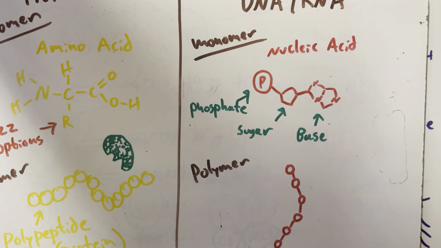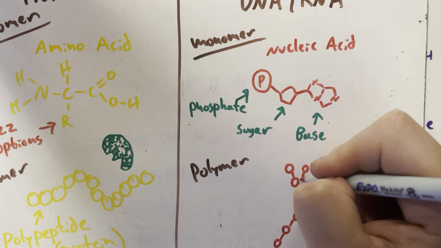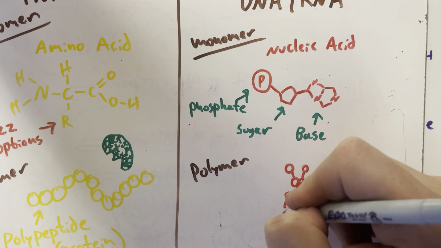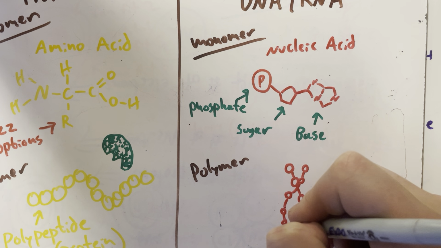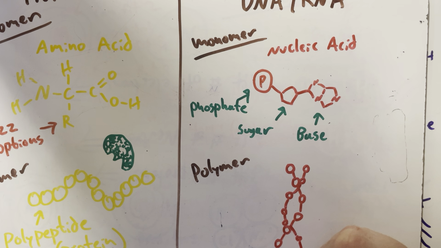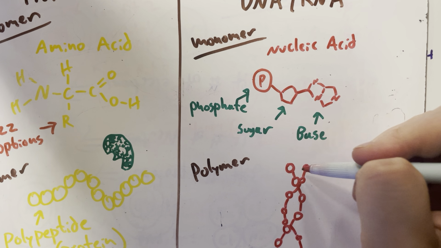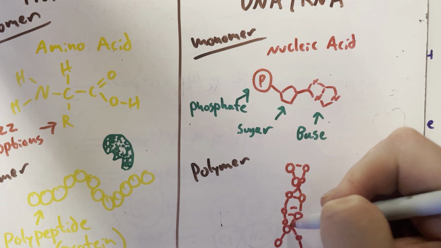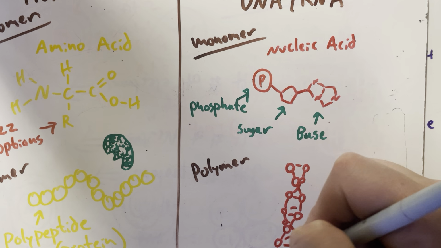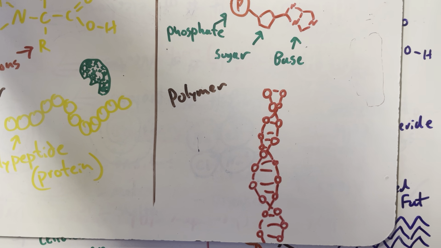Do you just have one strand of DNA? Yeah, you always have 2. Oh, and they're bound to each other. Make it look like a double helix. There we go. Ta-da.